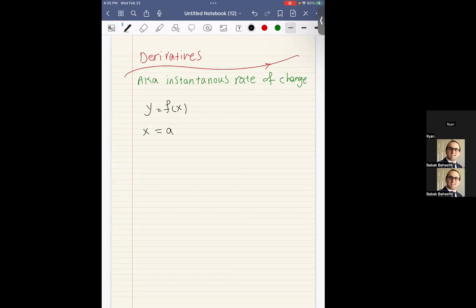For x equal to a, the value of the function is y equal to f of a.